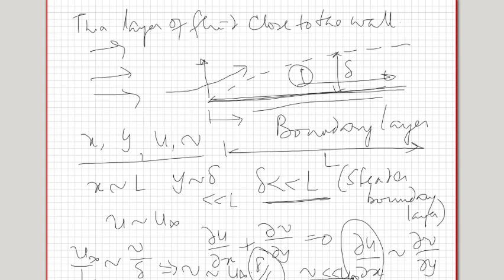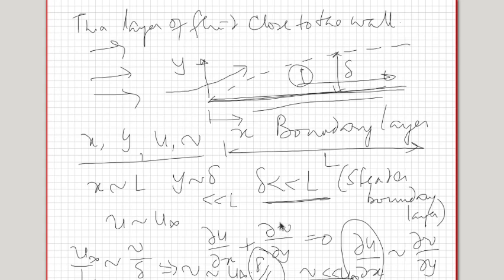So this is the order of magnitude of the continuity equation, which tells me that the vertical velocity v, the velocity in the y direction, is much smaller than the velocity in the x direction. Is that clear? So the first result that we get is that v is much less than u infinity. So v is of the order of u multiplied by delta by L, and u is of the order of u infinity. So v is of the order of u infinity times delta by L. This is what we got from the first equation.